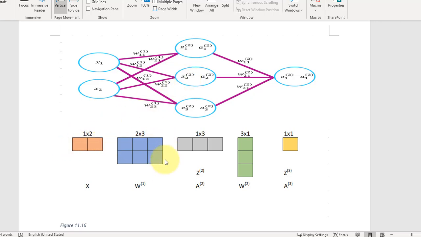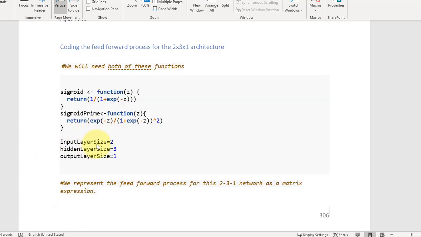And of course, if we had one more column here, this one times that last column would give us what we need for the next node. So that's an argument for why the size of the matrix is going to be the number of inputs, the input layer size, times the hidden layer size.